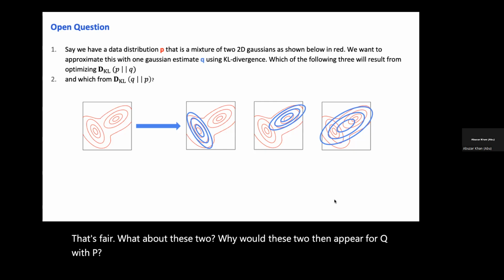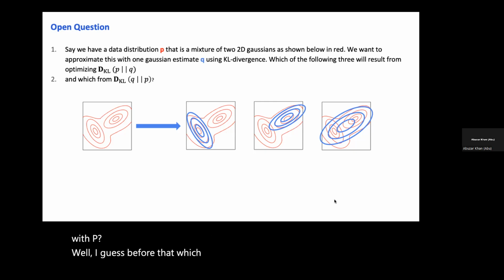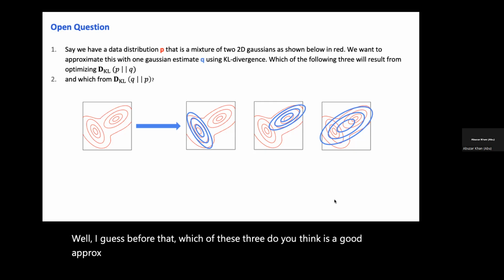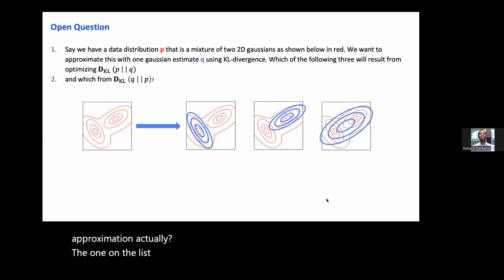Well, I guess before that, which of these three do you think is a good approximation, actually? The one on the left. The one on the left. So this one. Yeah. Okay, that's fair.